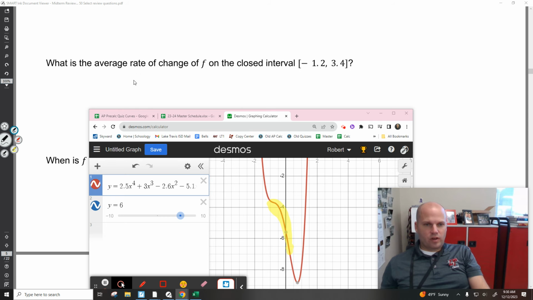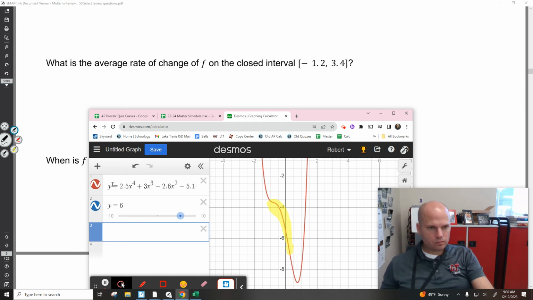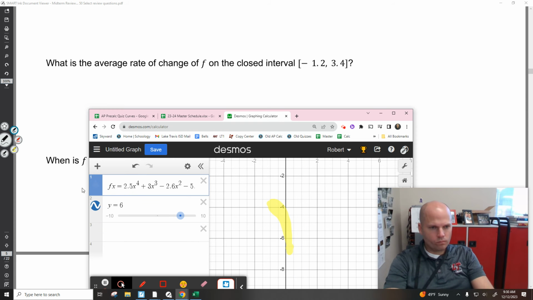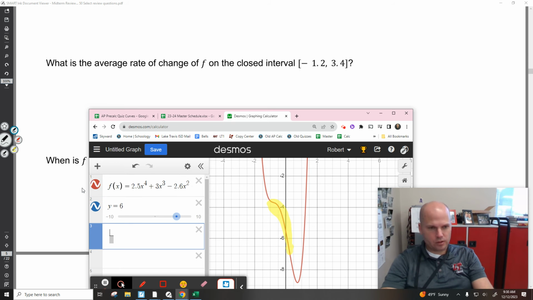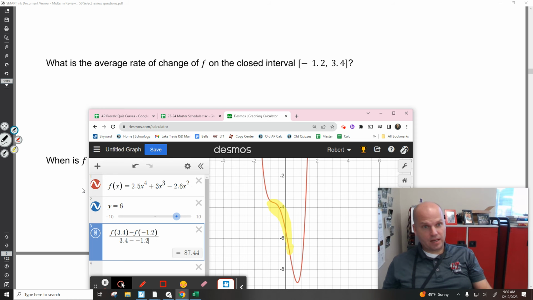What's the average rate of change? I need to find the slope. I will do f of 3.4 minus f of -1.2 over 3.4 minus -1.2. 87.44.